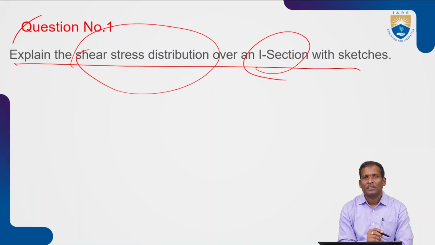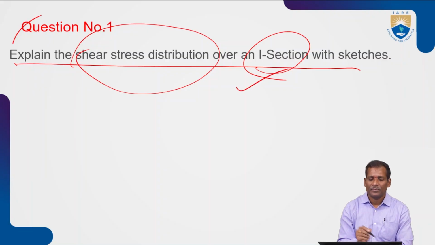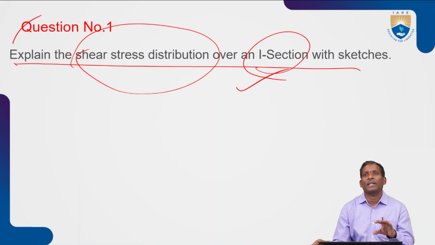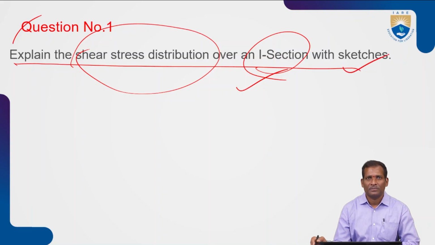But in this question, it has asked only for the I section. So how does the shear stress distribute throughout the section? How to explain it with neat sketches.